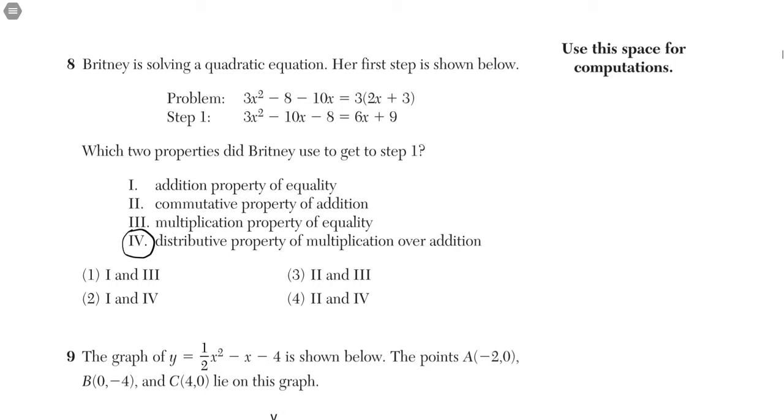She used the commutative property. So you notice the order changed here. Over here it's -8 minus 10x. Over here it's minus 10x minus 8. That's the commutative property. The commutative property tells us that the order doesn't matter, right? 5 plus 3 is the same as 3 plus 5. So use the commutative property and the distributive property. So that would be choice 4.